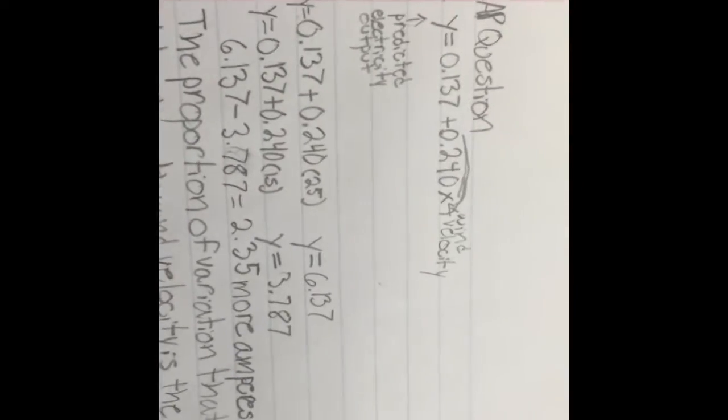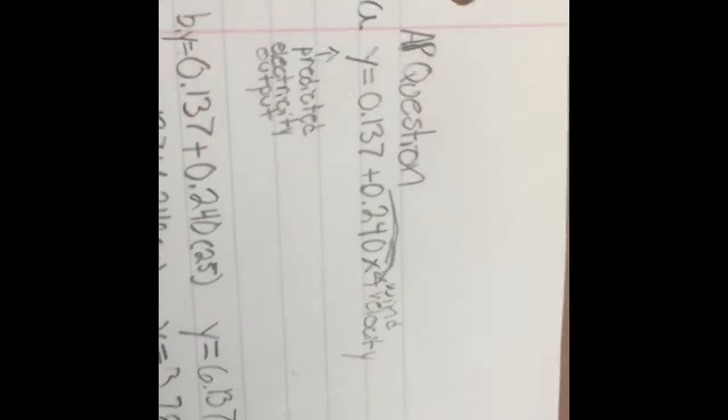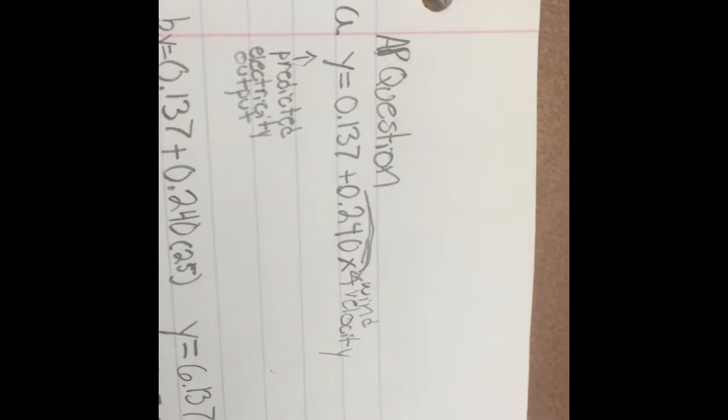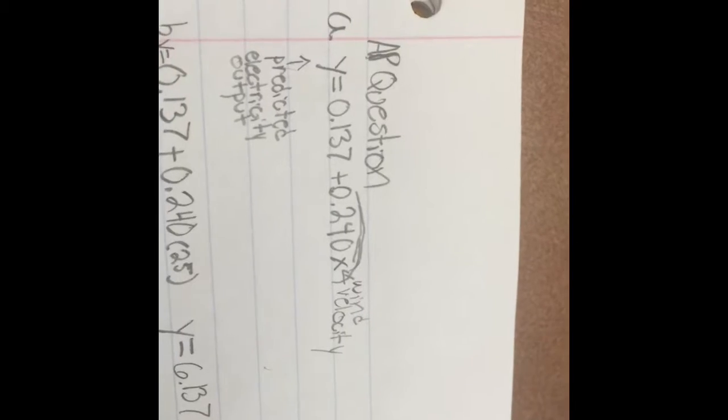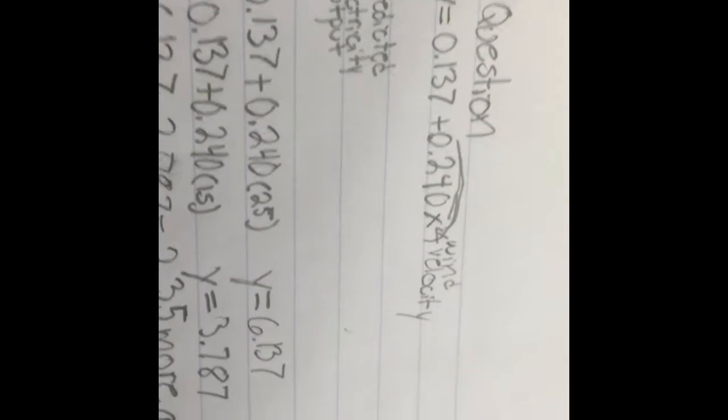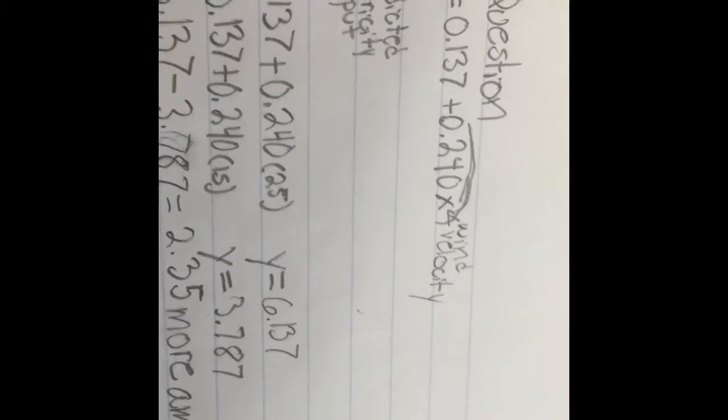So what we're going to do is flip around the L1 and L2 values, and this is what we're going to get. So y equals 0.137 plus 0.240x. The y is the predicted electricity output, and x is the wind velocity. So that's what we get there.